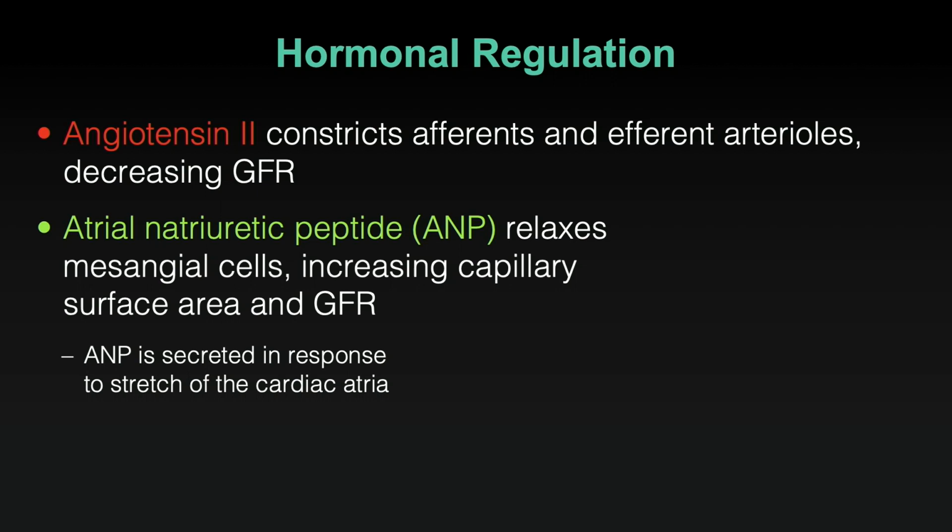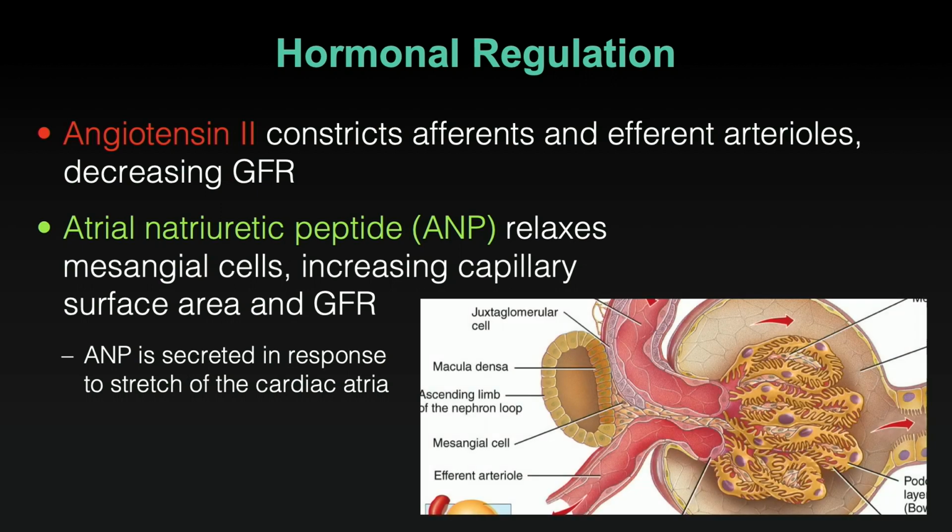When the muscle cells of the heart stretch, when there's a lot of blood, there's a lot of volume, indicating lots of pressure, this is released, and its job is to increase the surface area for filtration, which isn't a way that we regulate filtration normally.